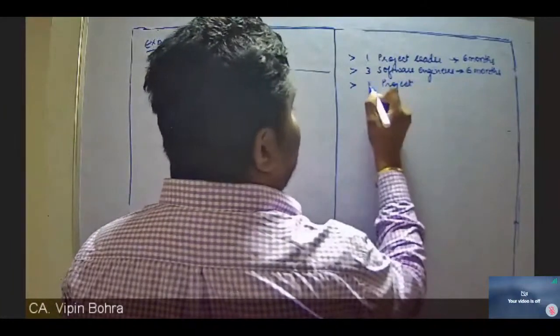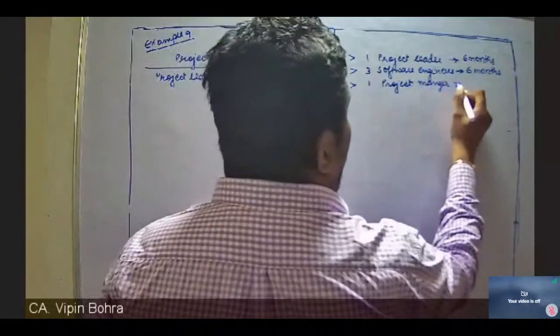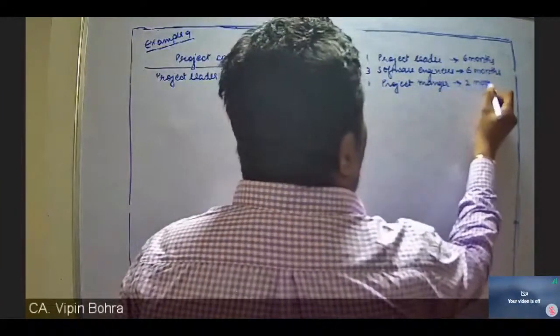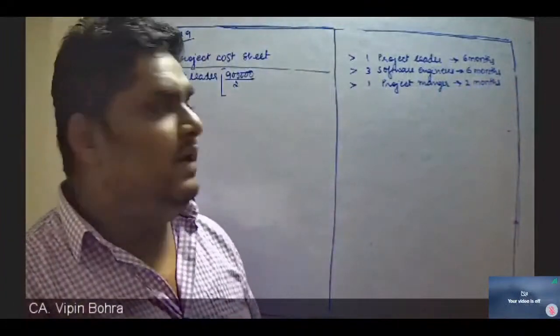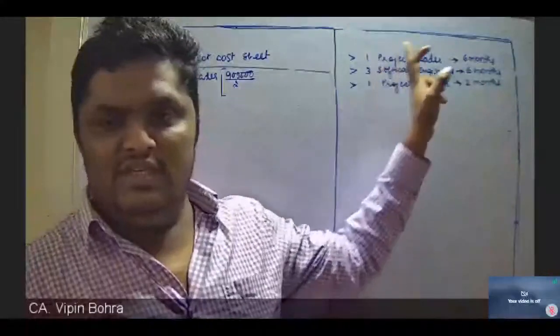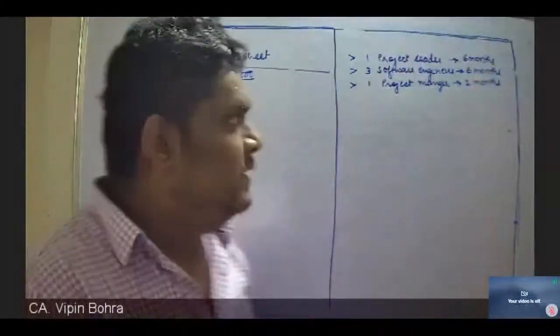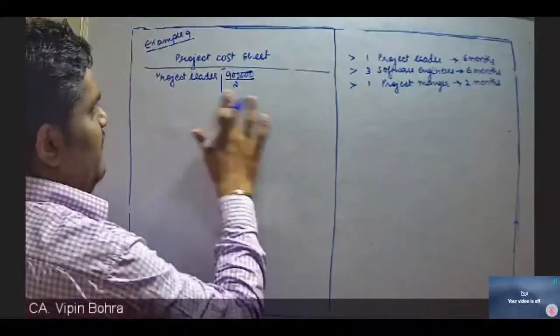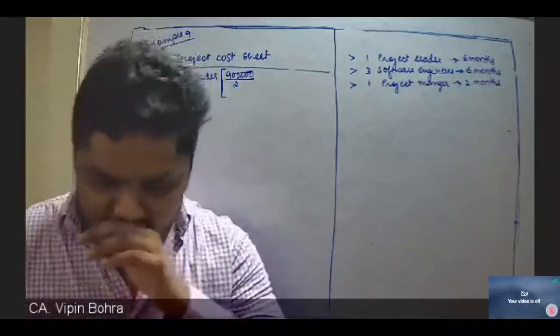Only one project manager is there. It is given that one project leader for 6 months, 3 software engineers for the 6 months, and one project manager for 2 months. Now it will be easy for us to calculate the total salary paid.